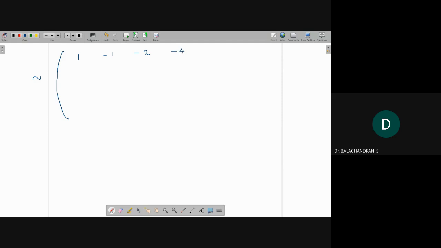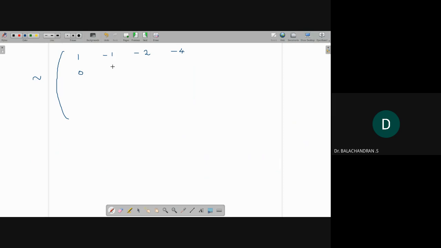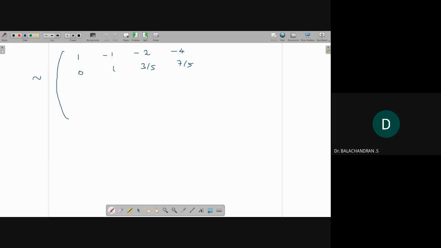Second row 0 1 3 by 5 7 by 5. Third row 0 0 33 by 5 22 by 5.